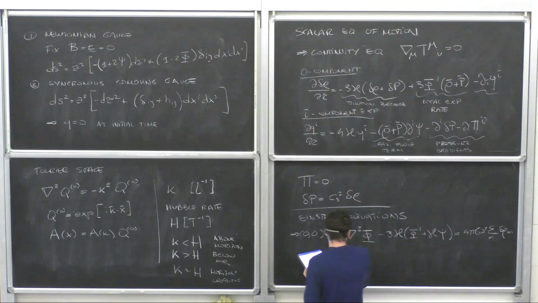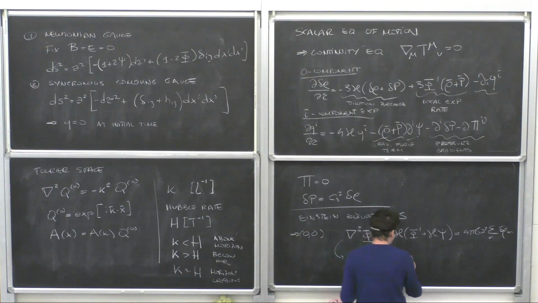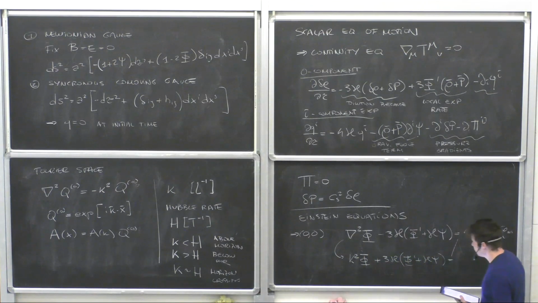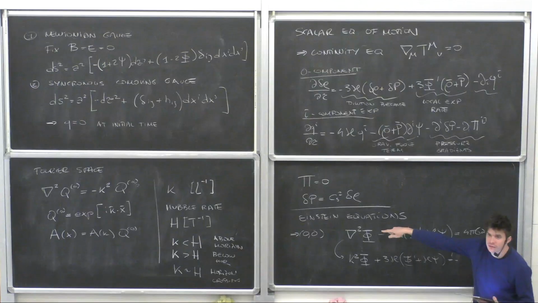So in Fourier space, this becomes k squared phi plus 3h... well, with the minus, because we have k squared, right?